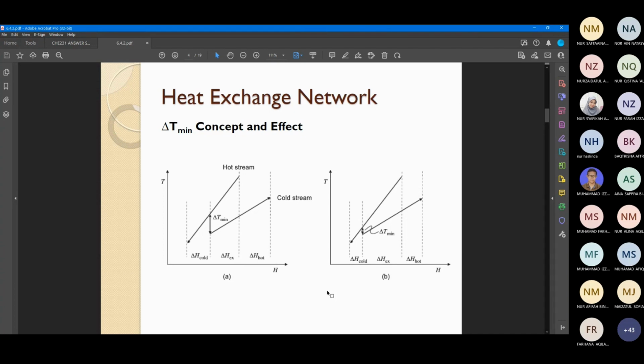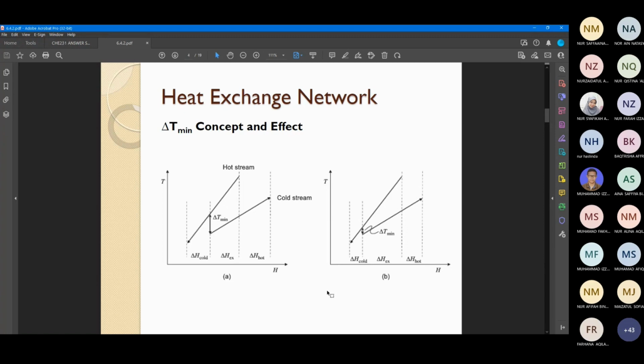If you think the pinch here represents the temperature for the hot stream, or let's say you choose the pinch for the hot stream to be 100 degrees Celsius, then all the calculation must be referred to the pinch at 100 degrees Celsius. There are many formulas involved here, actually, but it depends on the questions given to you.